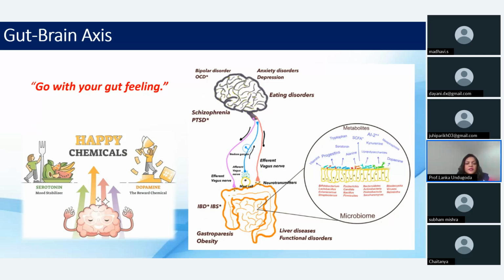So sometimes, in serotonin and dopamine activity, you can see the serotonin secretion is totally handled by the gut. So if you want a mood stabilizer, so you are in a happy mood, very enthusiastic, no laziness, you want to do something good, that is because of serotonin.